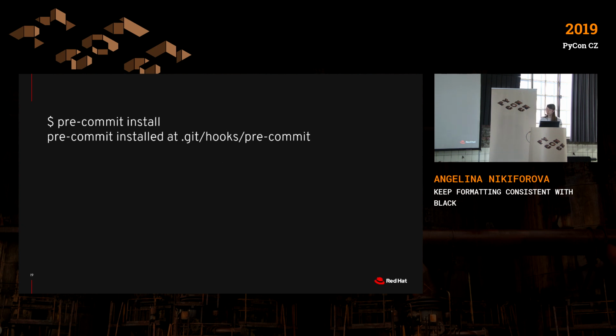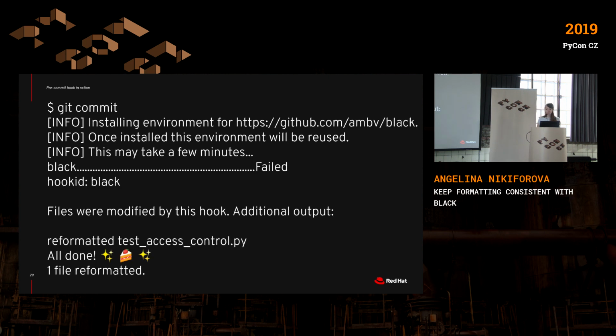After you define your pre-commit config YAML, it's time to install your hook into your Git directory. Just run pre-commit install, and you should see the message that pre-commit is installed. So it's very simple. So our hook is installed, and let's check how it works. I made some changes to this file, test access control.py, and I want to commit them.